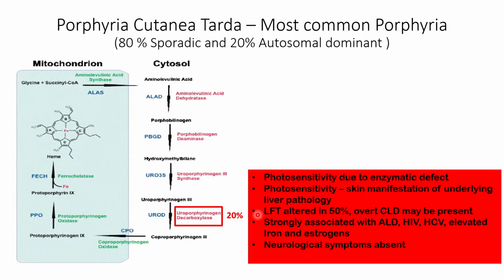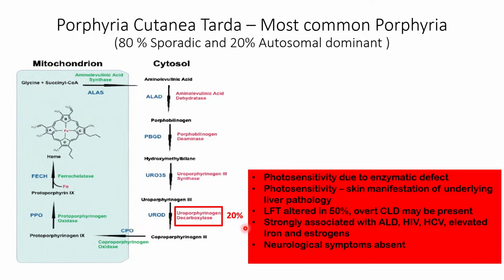Okay, so around 50% of those patients who have Porphyria cutanea tarda may have an underlying chronic liver disease. Another important thing to note is Porphyria cutanea tarda is strongly associated with alcoholic liver disease, HIV, HCV, elevated iron concentration, and estrogens. Okay, so these are strong associations which are seen with Porphyria cutanea tarda.